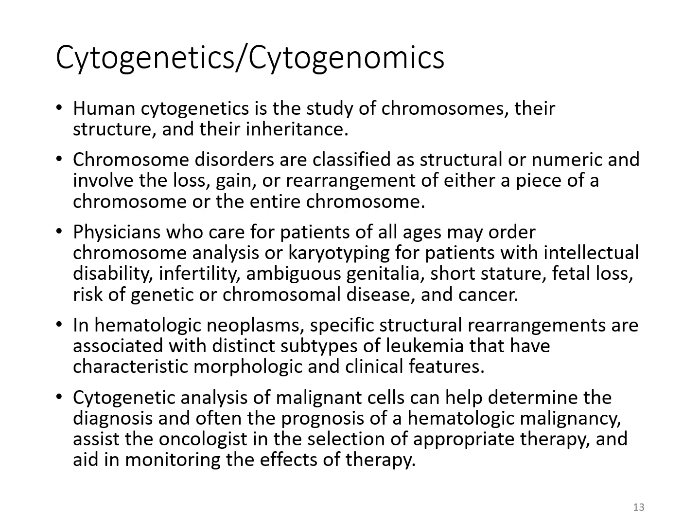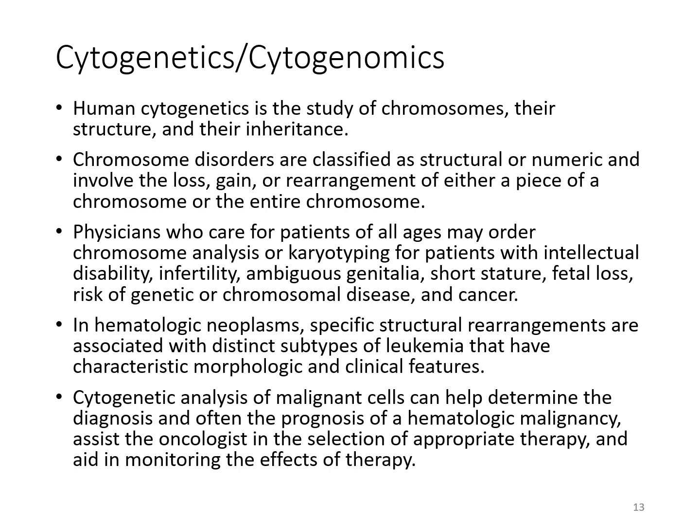Clinicians and physicians caring for patients of various ages can order chromosome analysis or karyotyping for patients with intellectual disabilities, infertility, ambiguous genitalia, short stature, a fetal loss or miscarriage, or any risk of a genetic or chromosomal disease. And they also use it for looking at various cancers.